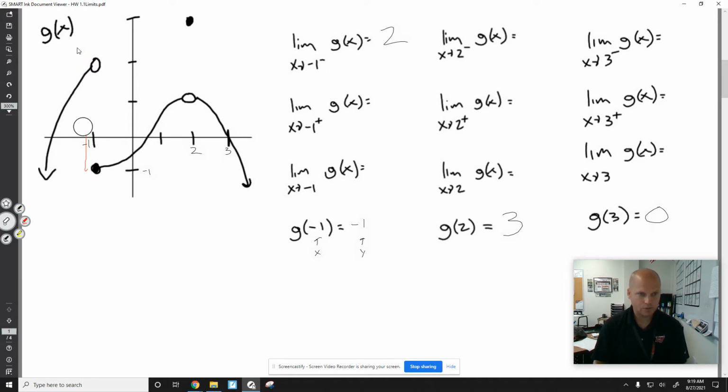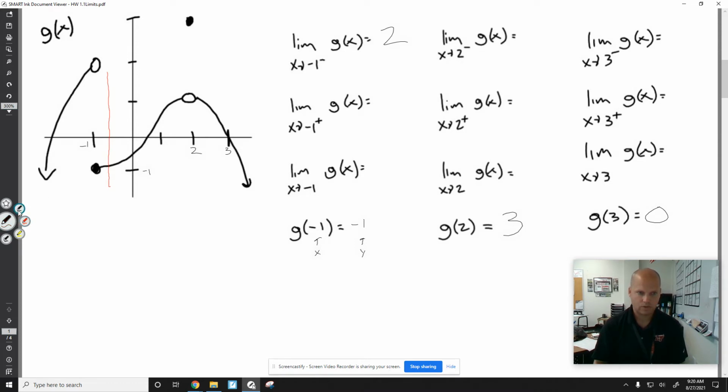Now, if I were to do the same thing to the right of -1, I'd be thinking about plugging in x values just to the right. And I can see that my y coordinates are now down here in this piece of the function. As I move this line closer and closer to -1, but I'm just to the right of -1, my y coordinates are down here approaching the location of this closed circle.